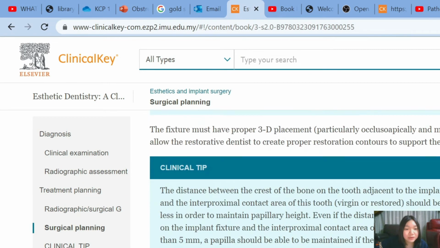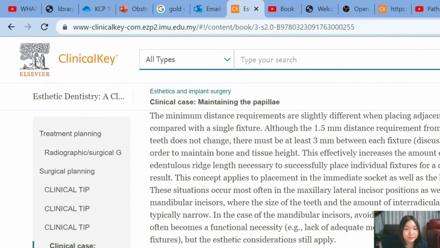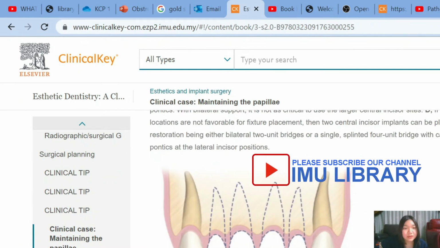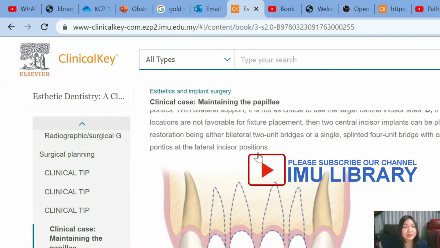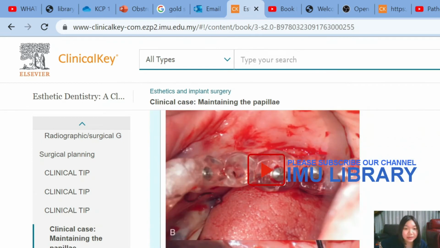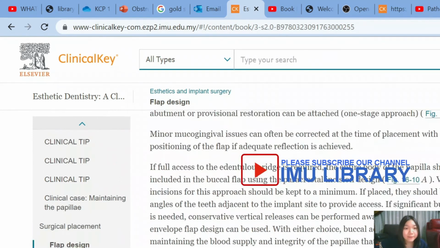Then you will also find clinical cases here. The knowledge in this book can also teach us about some clinical cases, to help us understand how we can apply the knowledge clinically and how these problems can be faced clinically.